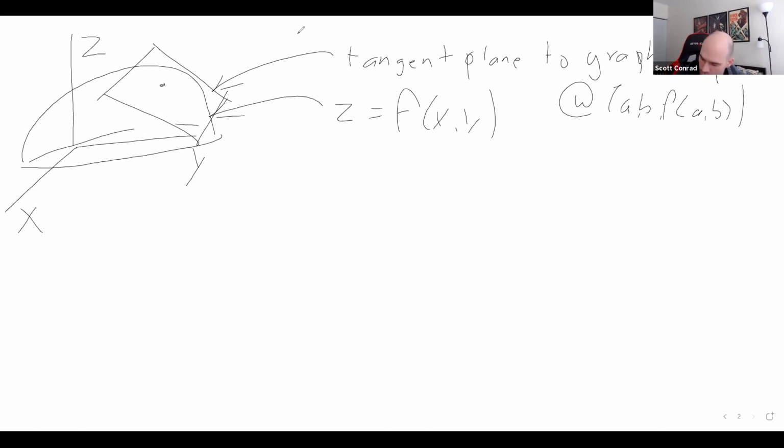And then the same things hold true. When we write the equation of the tangent plane, it's going to be the best linear approximation of our function at the point. So if your x, y value is really close to (a, b), you can use the equation of the tangent plane to approximate your function there.